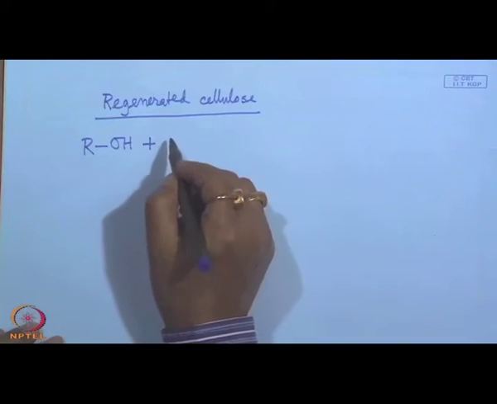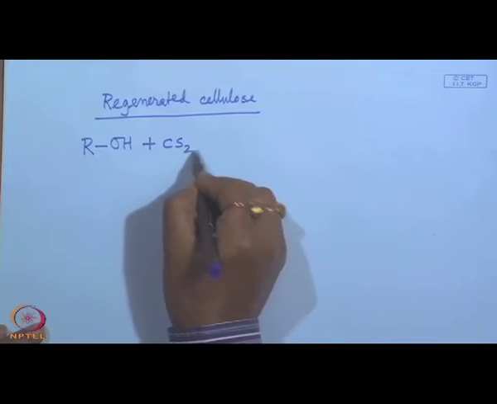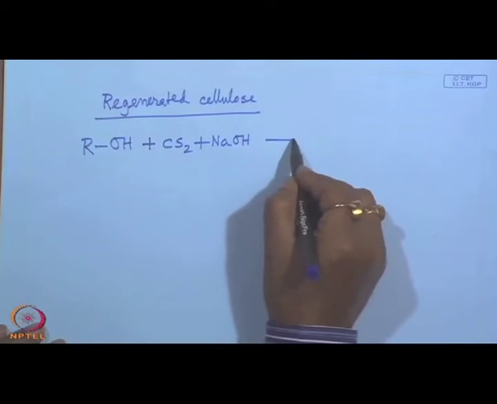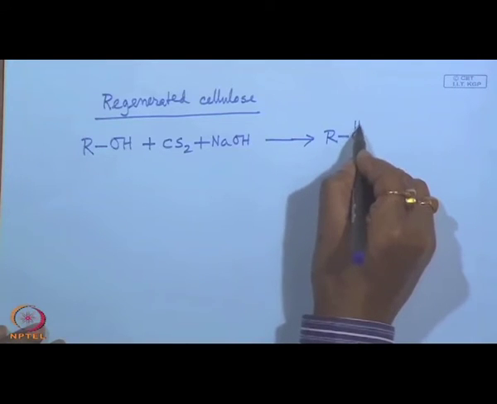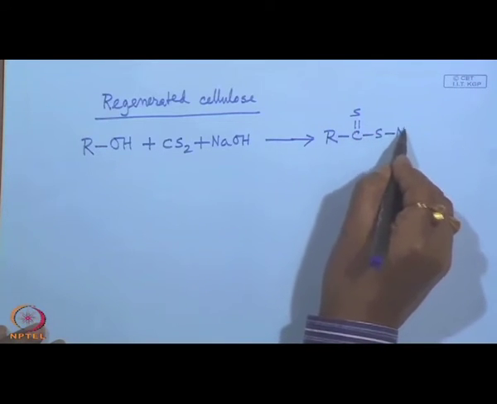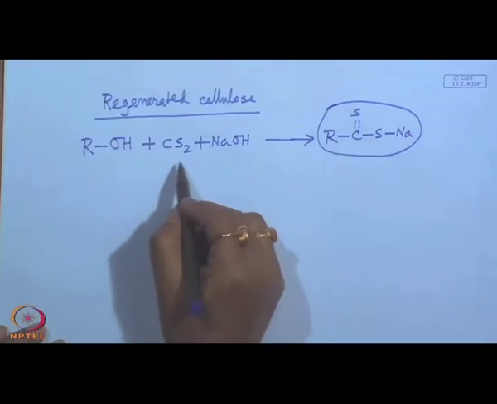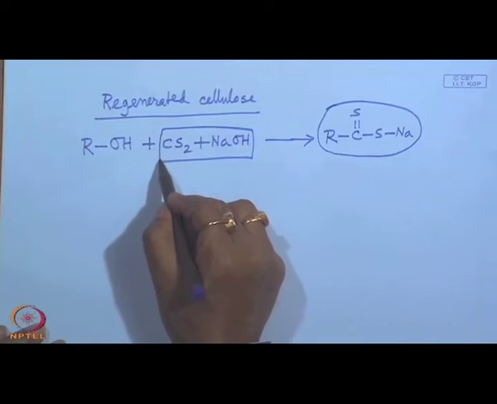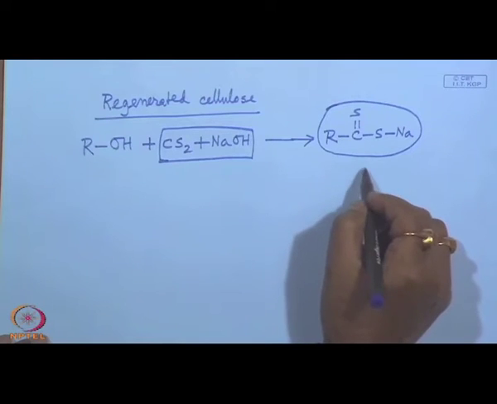In one of the regeneration processes, it is reacted with carbon disulfide and sodium hydroxide, and it forms sodium cellulose xanthate. This is soluble. That means cellulose can be dissolved in an aqueous solution of carbon disulfide and sodium hydroxide. It forms a viscous solution in water.